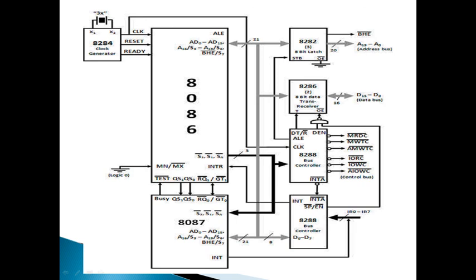The 8087 needs to know when the 8086 will decode the escape instructions, so it synchronizes its queue with the 8086 using QS0 and QS1 as 2 bits. There are 4 formats. If 00, no operation. If 01, the 8087 compares the 5 MSB with the escape code.